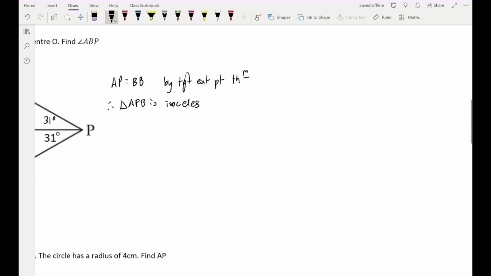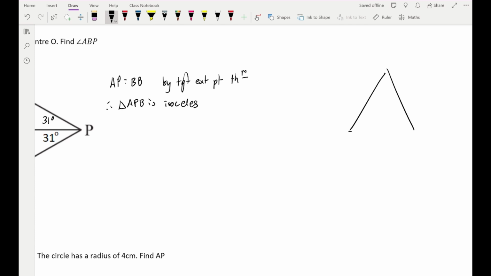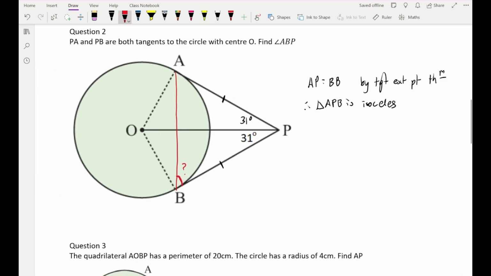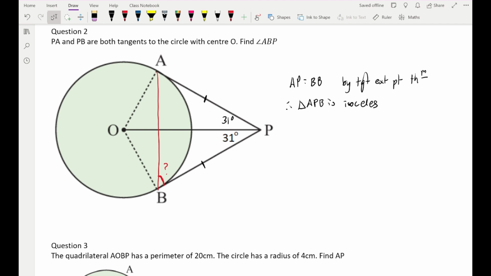Now, it's really important because what do we know about isosceles triangles? Well, they're defined by having two sides that are the same length, and that tells you both these angles in here are the same. So really importantly, this angle in here and that angle that we're looking for is the same. Therefore, angle PAB equals angle ABP.